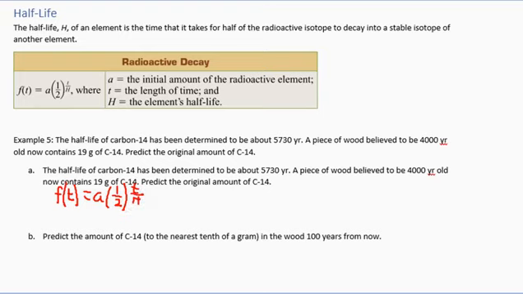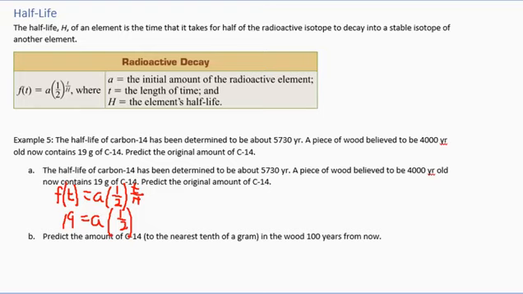Well, we have 3 of the 4 pieces of information here. We have the amount after a certain time. It contains 19 grams, so this is 19. We're trying to find A because it says predict the original amount, times 1/2 to the t over h.